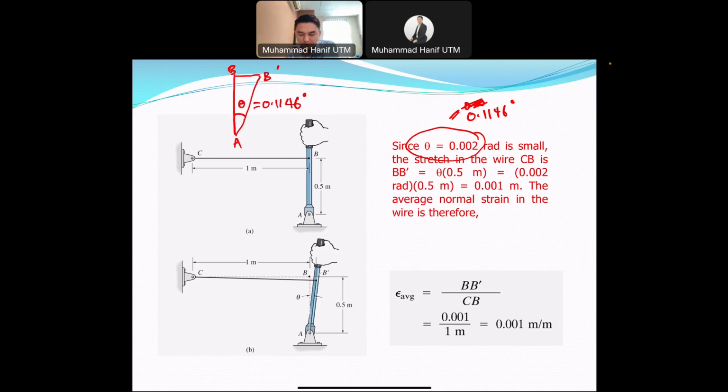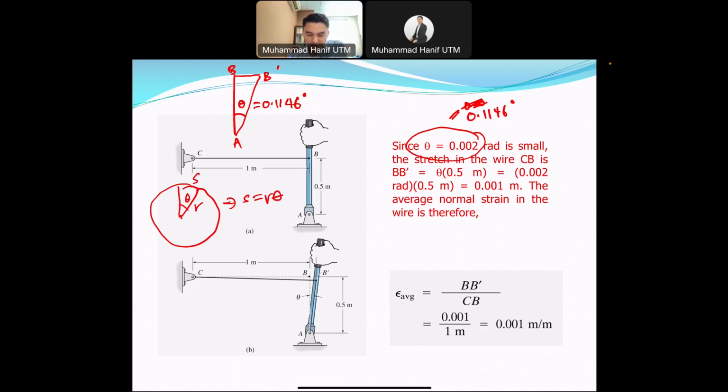It is very small. In mathematics, if you learn this circle, and you have to find s here, this is r, this is theta. The equation to find s is r theta. You have to use these fundamental mathematics things for solid mechanics.